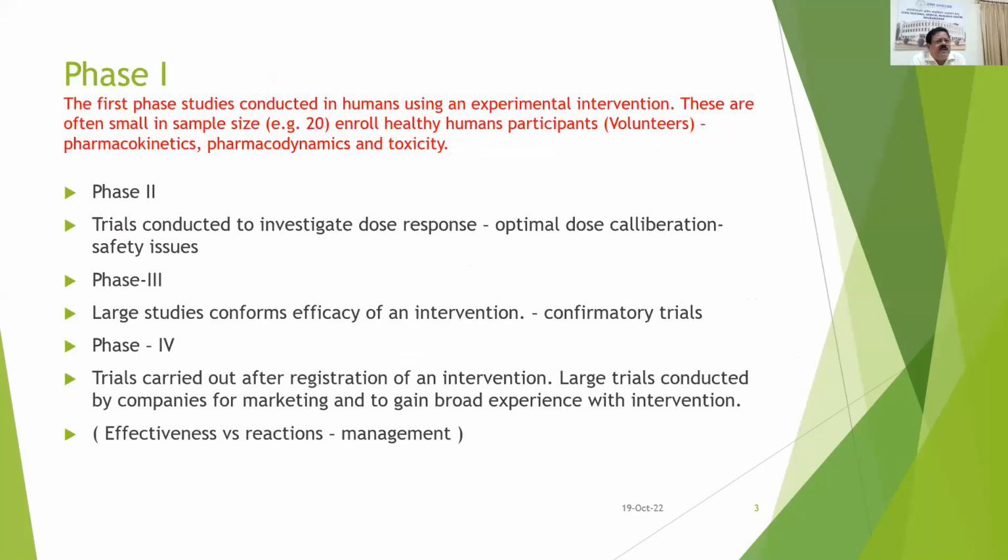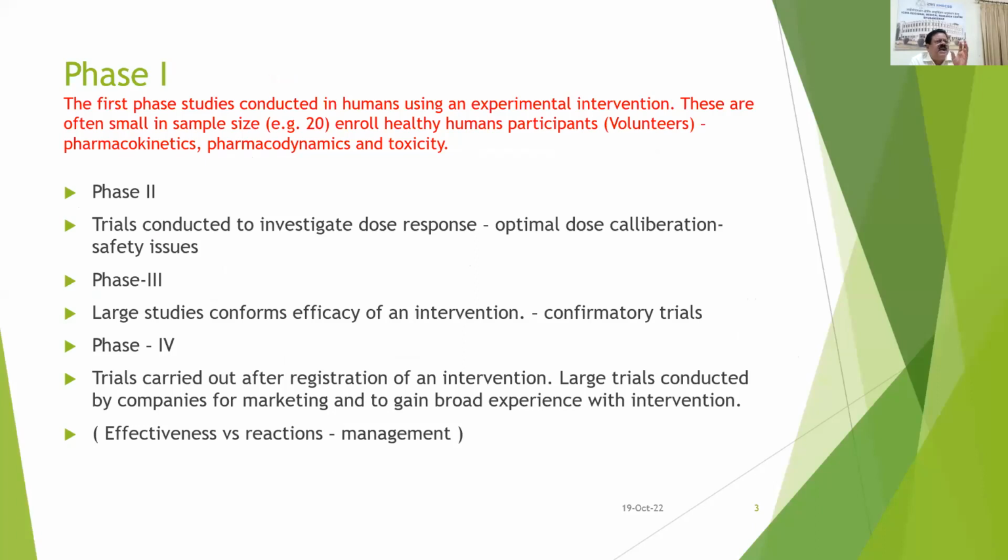There are four phases in any clinical trial. We all know these four phases, so I should not go into depth. The first phase is done with a limited enrollment of 20 or 30.